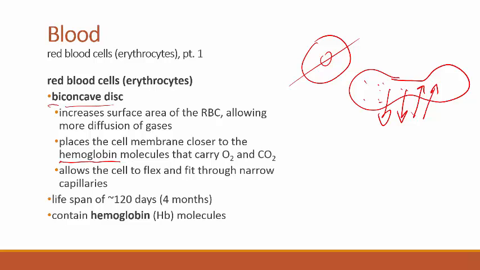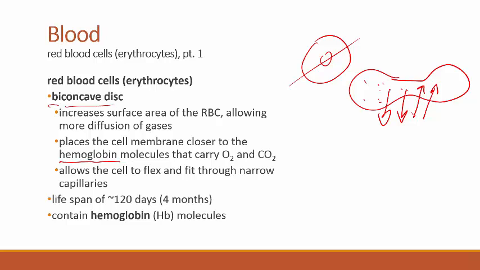And then the last thing that this biconcave disc shape allows is that the cell can flex some as it is making its way through the very narrow capillaries. So being able to flex is useful, and it's actually part of what brings a red blood cell's life to an end, is that it flexes so much that eventually it cracks and breaks and then gets removed from the body.